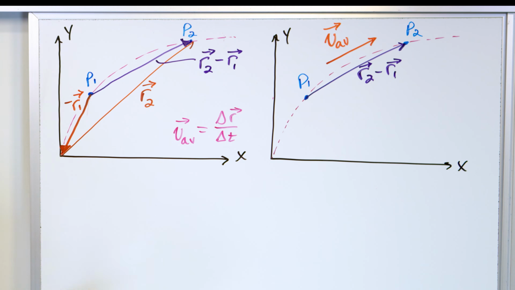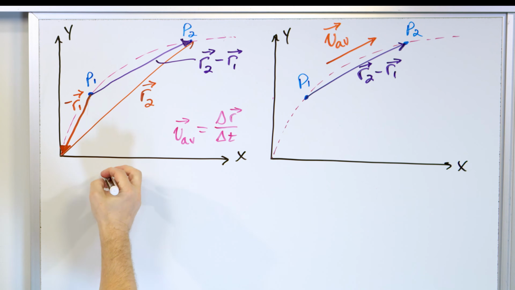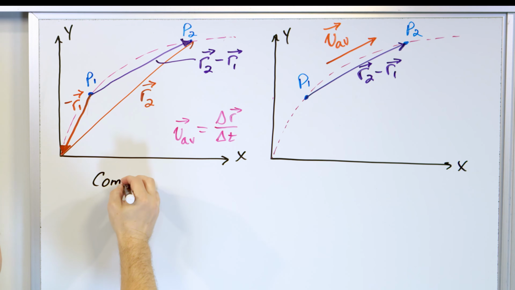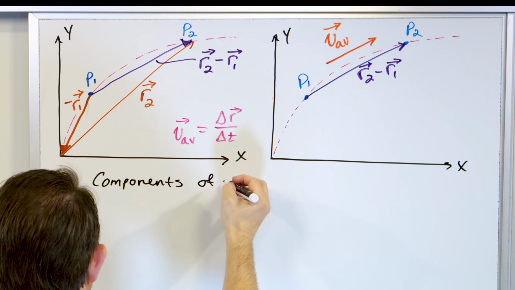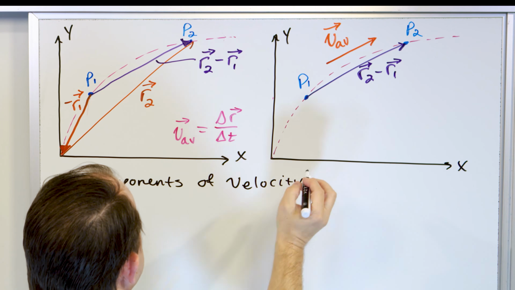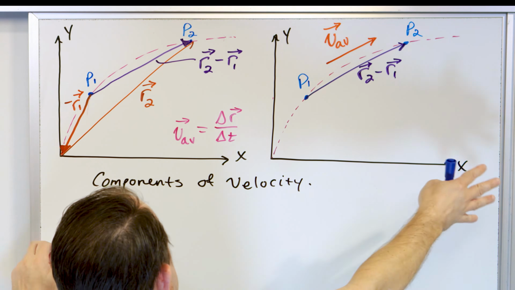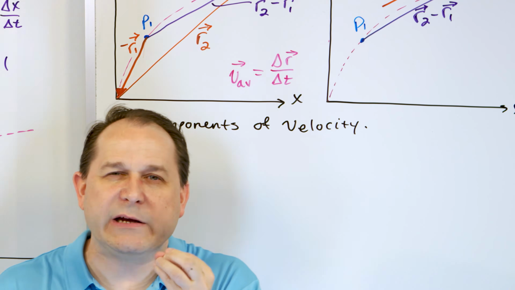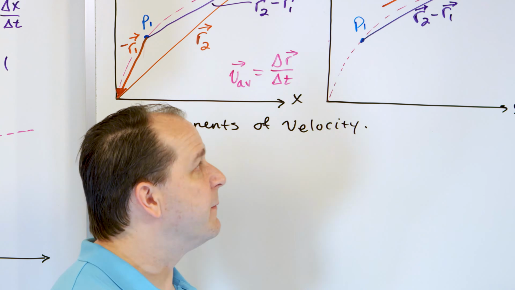So now we want to start to think in terms of components. Let's talk about components of the velocity. Right now we're kind of considering the entire path, but I told you in the beginning, we really want to understand the x direction and the y direction separately. Those are the components.